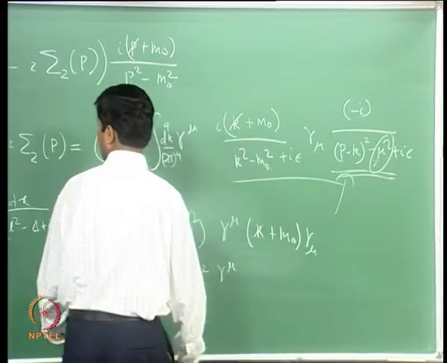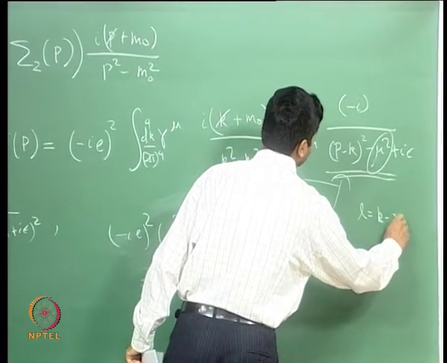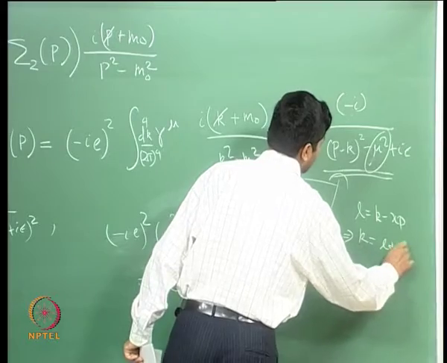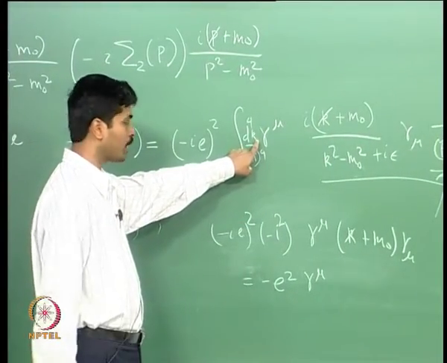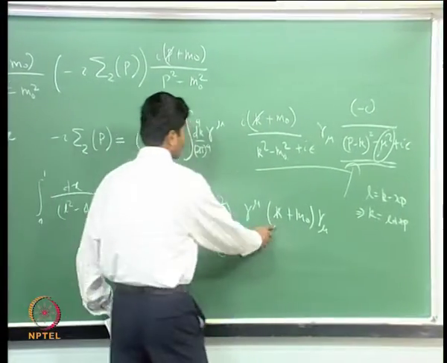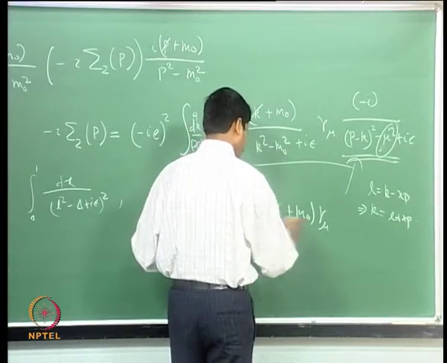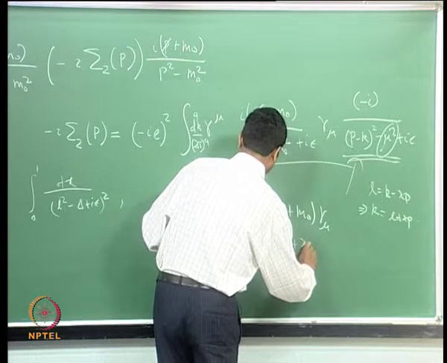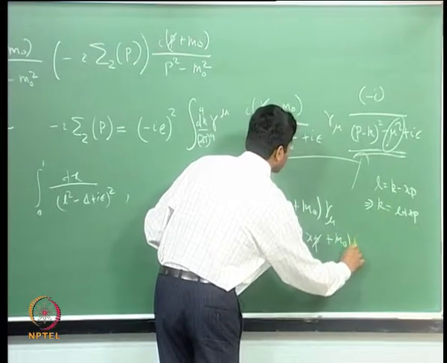We have used the definition L equal to k minus x p, therefore, k equal to L plus x p. Since we are using the variable L as the integration variable instead of k, I have to express this in terms of L, and so this is simply given by gamma mu (L slash plus x p slash plus m0) gamma mu.